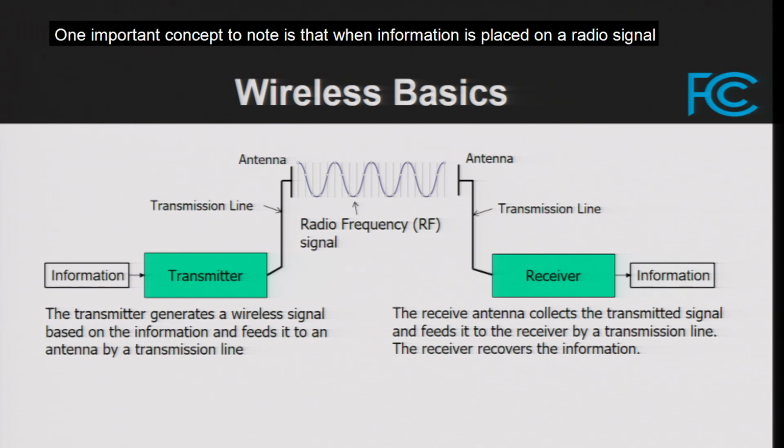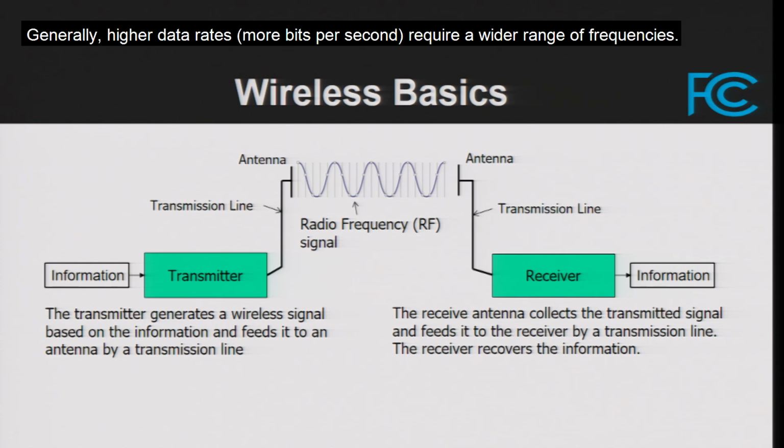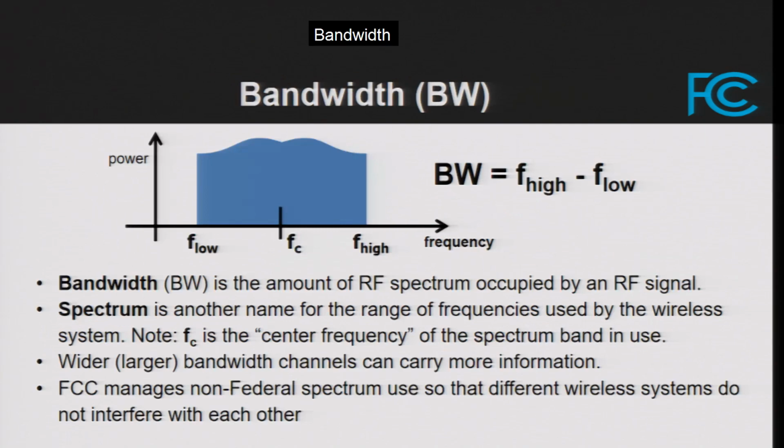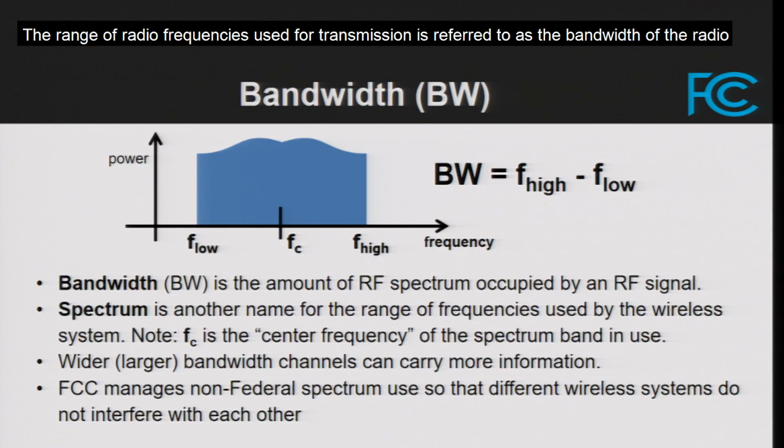One important concept to note is that when information is placed on a radio signal, a large range of frequencies are required, not a single frequency as shown above. Generally, higher data rates, that is more bits per second, require a wider range of frequencies. Bandwidth: the range of radio frequencies used for transmission is referred to as the bandwidth of the radio signal.